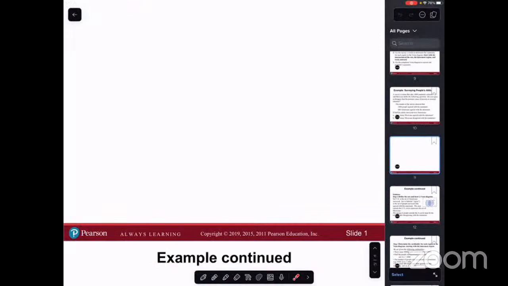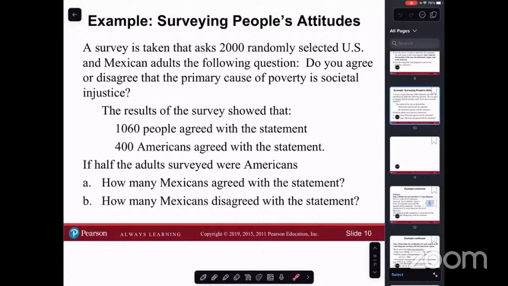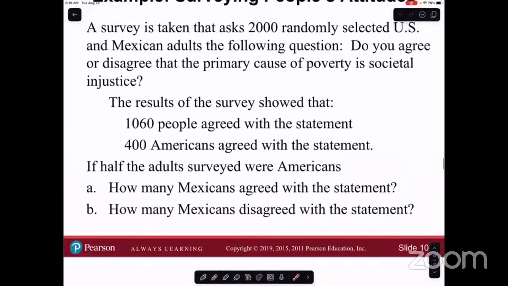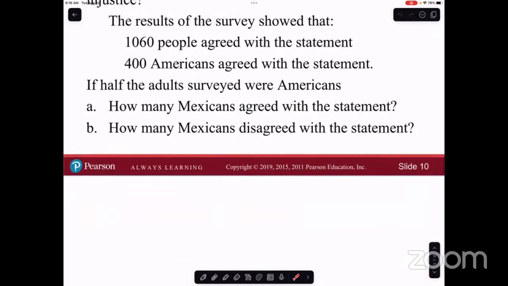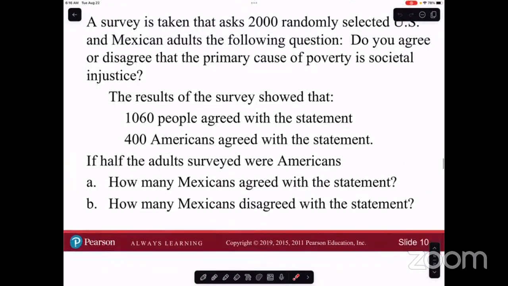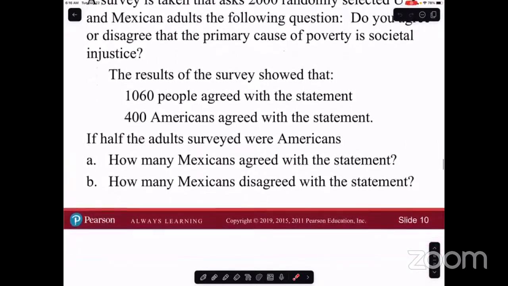Okay, let me see. The survey asks 2,000 adults, and we have agreed with the statement, and Americans.